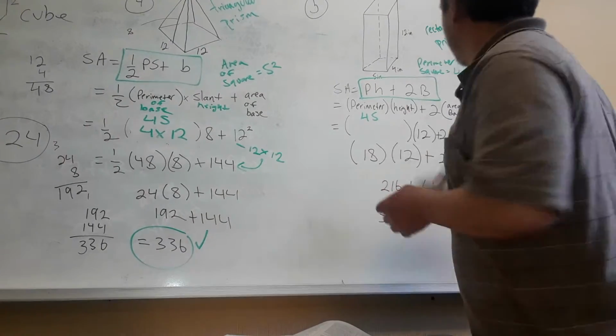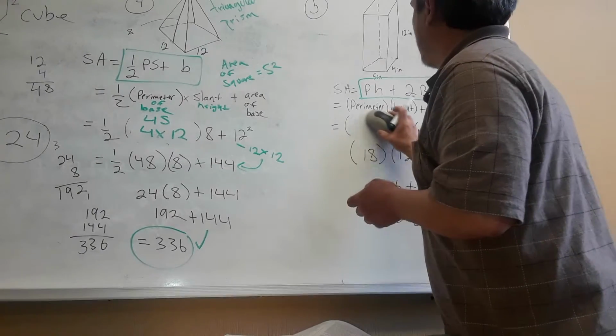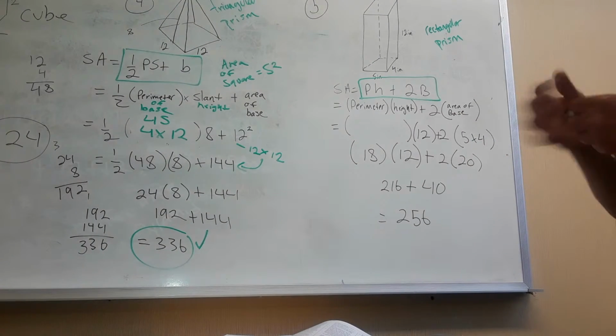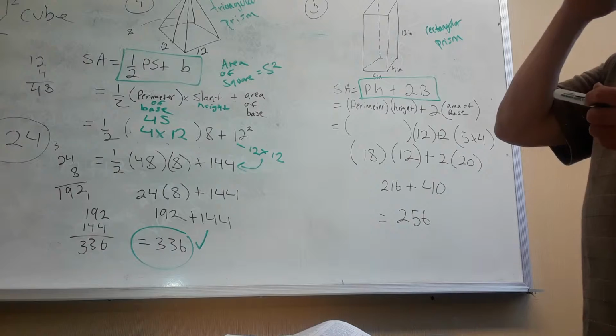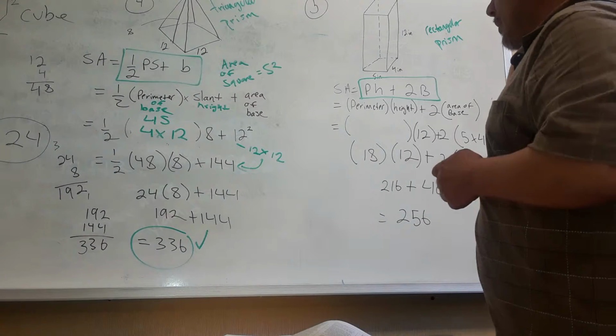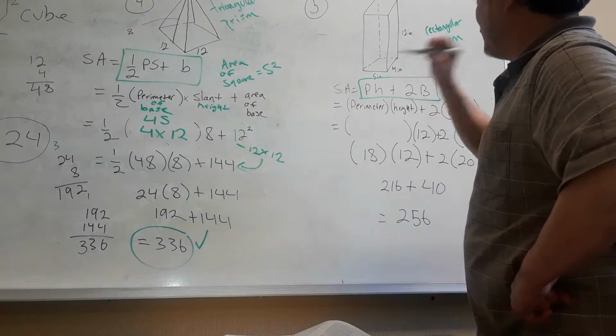I'm sorry about that, I apologize. It is not a square. So how do we get the perimeter? It's a rectangle, right?